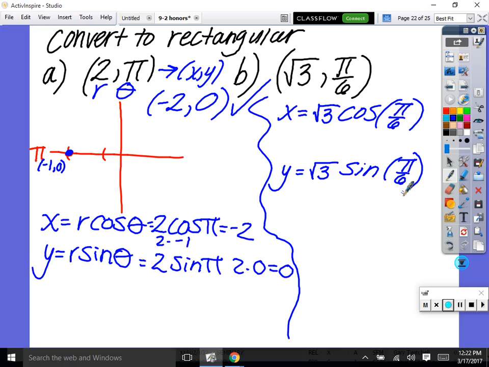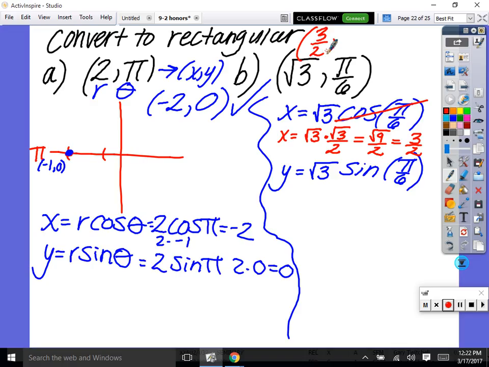So go to pi 6 on your unit circle, and you know that cosine is root 3 over 2. So we have x is equal to root 3 times root 3 over 2. Isn't that root 9 over 2? Which is 3/2. So our x point now is 3/2.